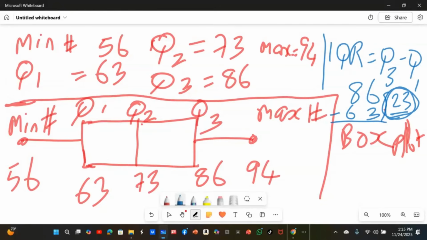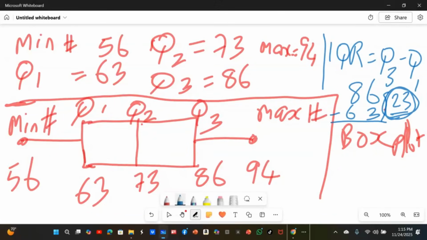We found the interquartile range, and remember that the first quartile is the 25th percentile. The second quartile, which is the median, is 73. That means the person who scored 73 did better than 50% of the class.